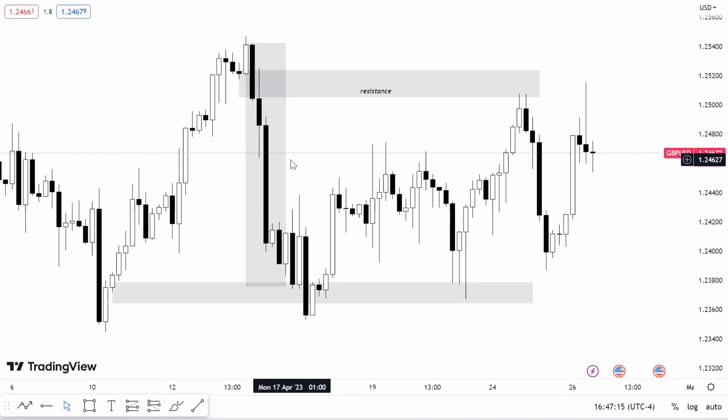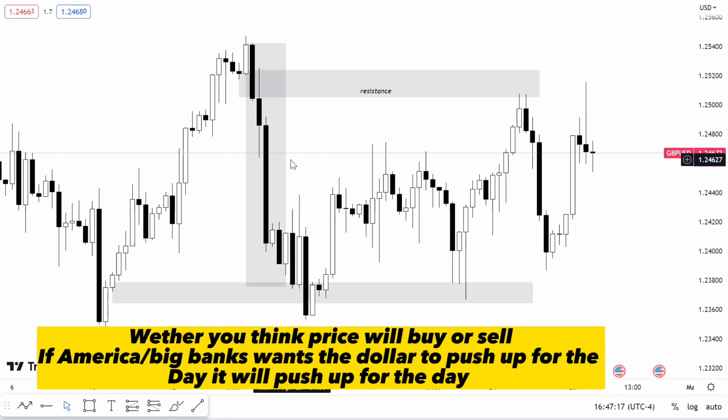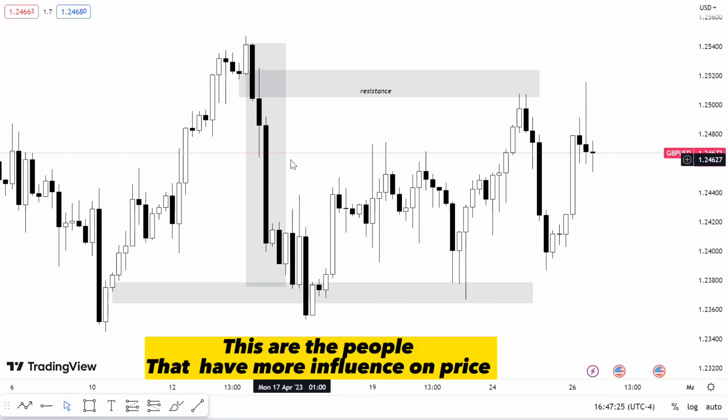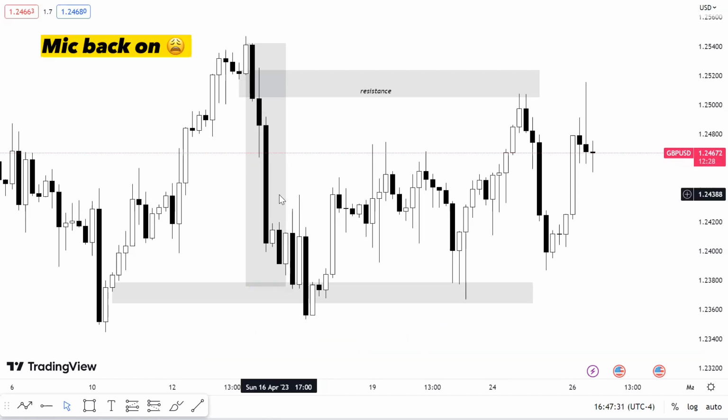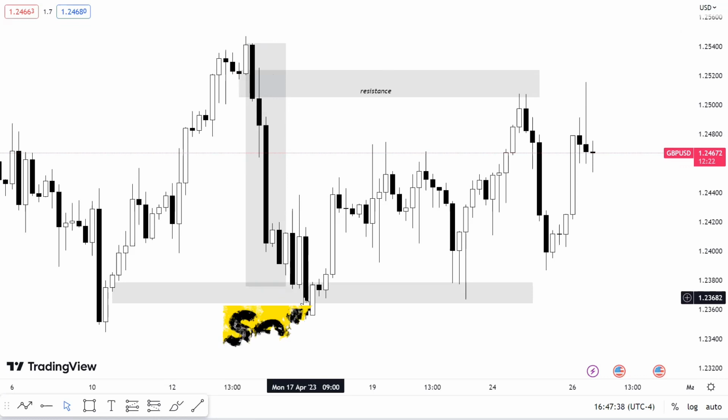Meaning that whether you think price will buy or sell, if America wants the dollar to push up for the day, it will push up for the day, because these are the people that have more influence on price, even though it's algorithmic, right? So this is a nice push on the downside, as we can see on this area. Okay, so if you were a seller here, that would be great.